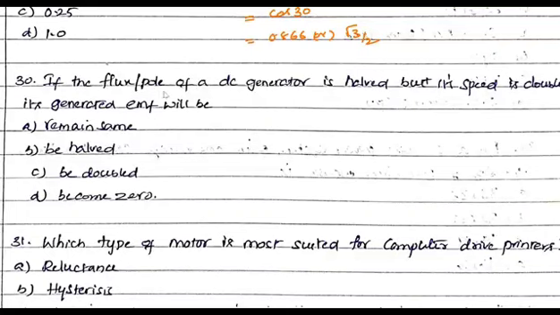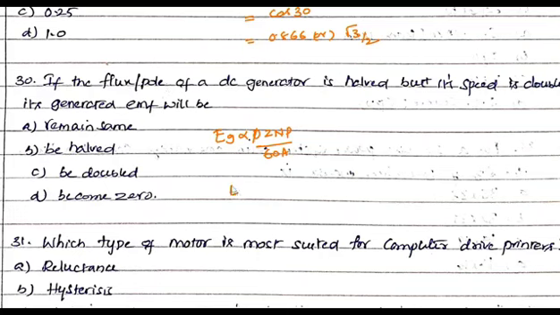If the flux per pole of a DC generator is halved but its speed is doubled, its generated EMF will be? We know the basic formula Eg is proportional to phi Z N P by 60 A. In this question, the flux per pole of a DC generator is halved.